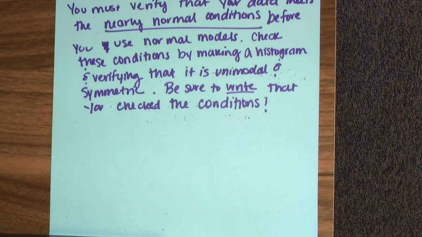All right, picking up where we left off, we finished with a very important statement yesterday about normal conditions and checking that it follows the conditions. Next, we are moving on to the empirical rule.